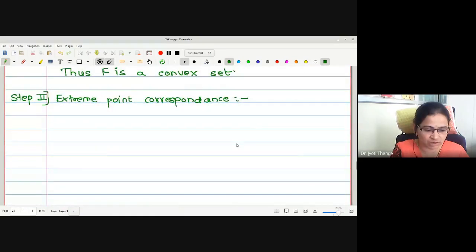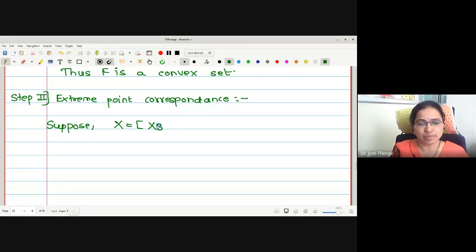So let me start with a basic feasible solution. Suppose I write x, the set of all variables. Now I am going to divide it into basic and non-basic.